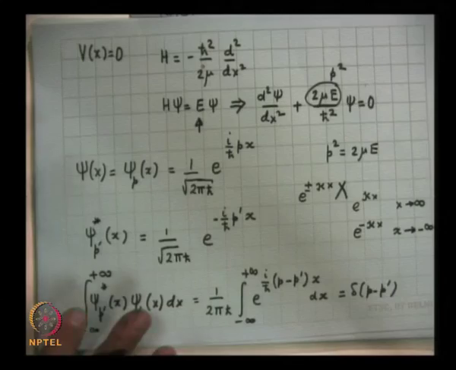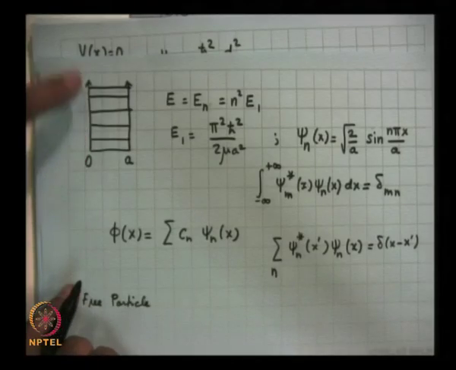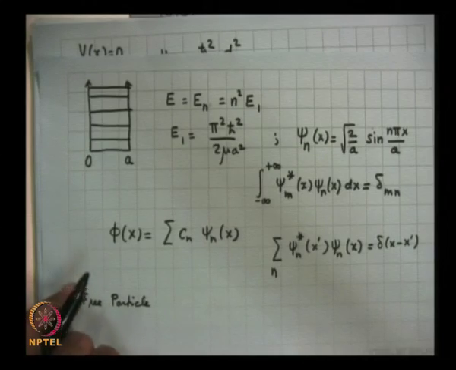This is an example where the eigenfunctions form a continuum. In the previous example, we had a discrete set of energies. Only certain values of energy were allowed. In this case, we have all possible values of energy from 0 to infinity.